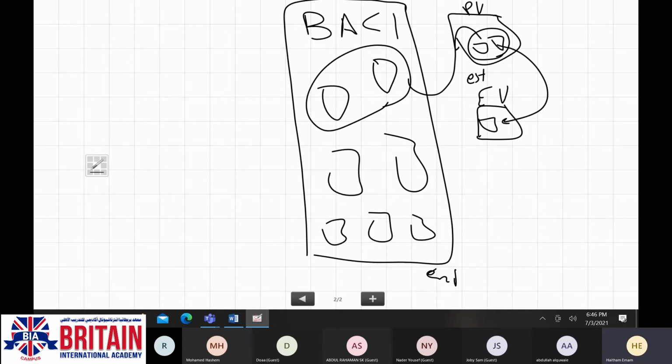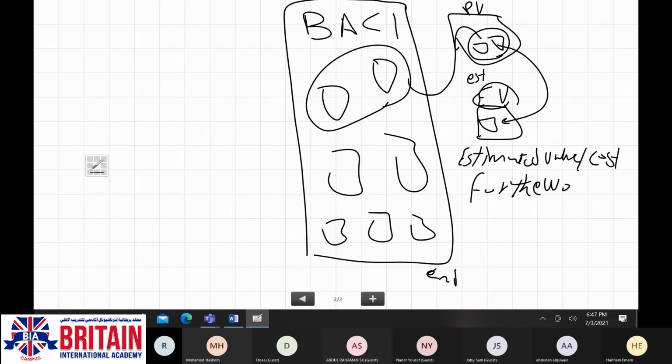So the earned value represents the estimated value or estimated cost for the work completed. Estimated value or cost for the work completed.